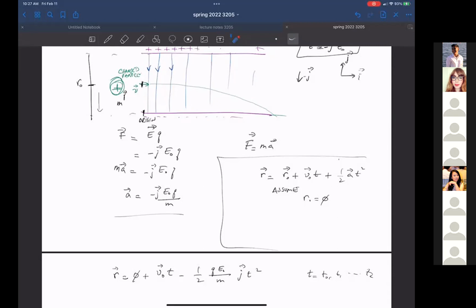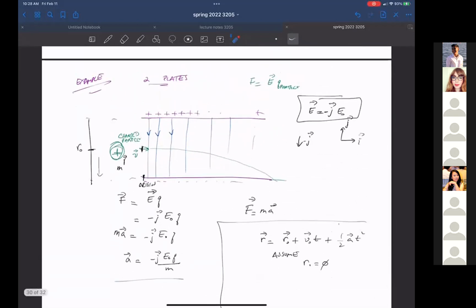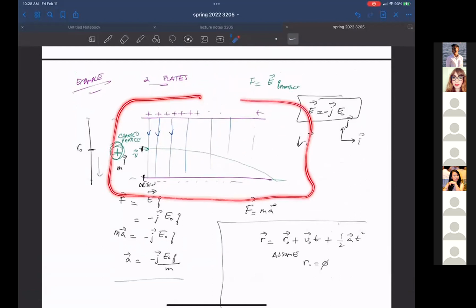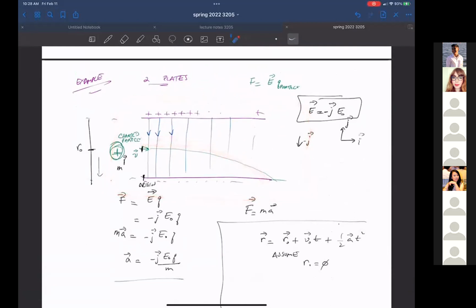Boy, trying to think of philosophically what to tell you guys. So, okay, what is real? Right here, this is a real effect because we're seeing a moving charge and it's easy to visualize. You've got movement, it's easy to visualize acceleration, force and electric field in this kind of situation.